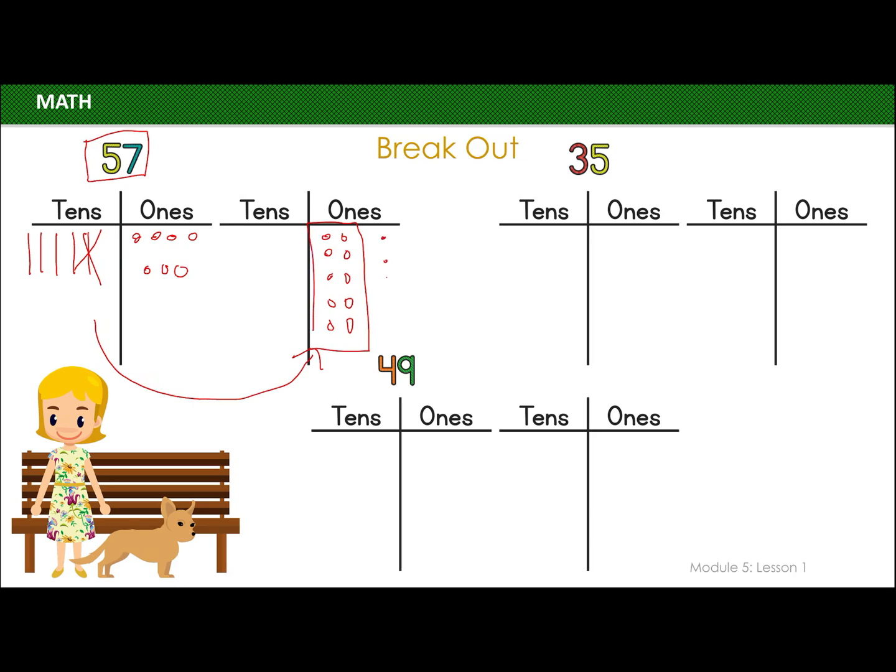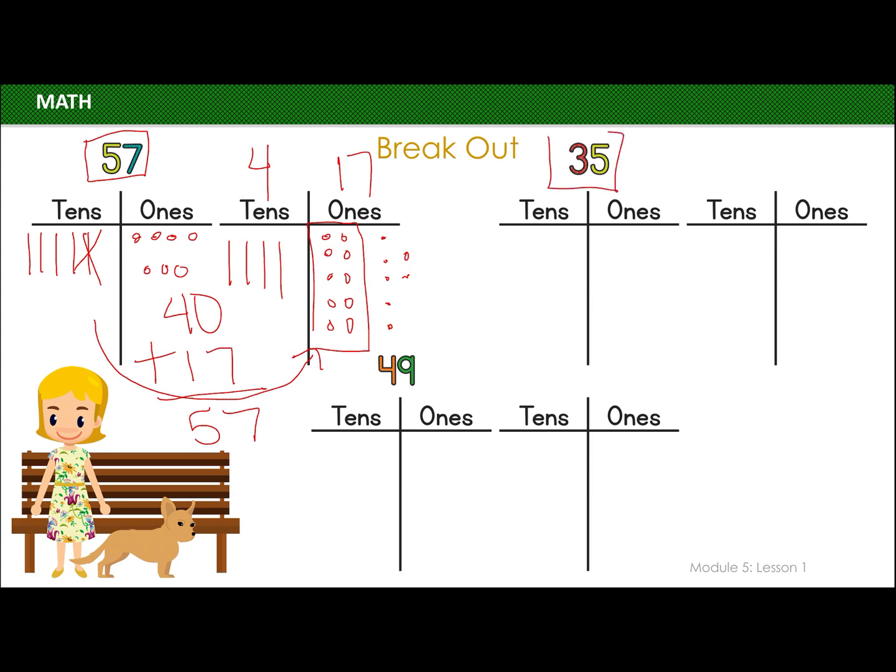And I still have that 7 from before. So 10 ones plus 7 will give me 17 ones. And because I had to take away one of my 10 sticks from my 5, I only have 4 10 sticks, or 40. And 40 from my 10 sticks plus my 17 ones gives me 57.